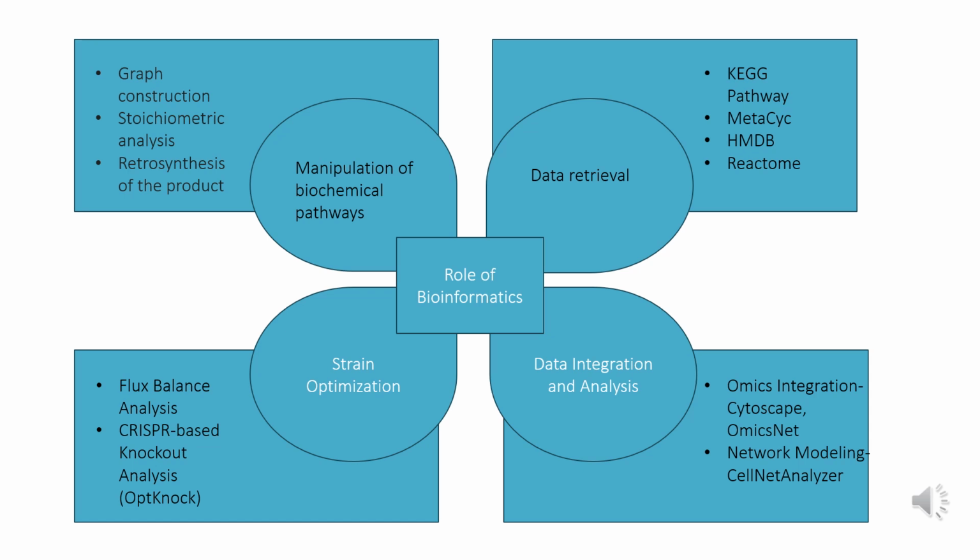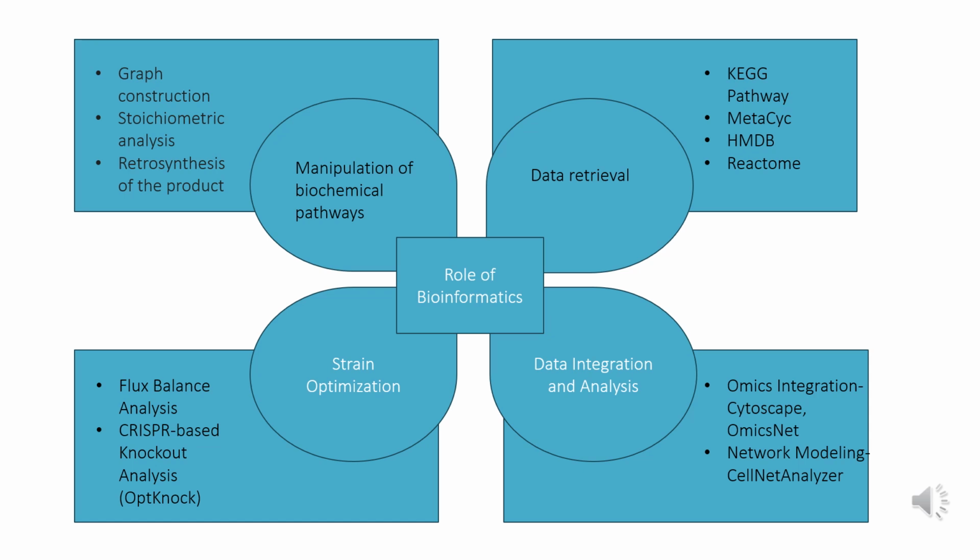Then there is retrosynthesis of the product in compliance with the rules of chemical reactions. The other role that it performs is data retrieval. The databases regarding metabolic pathways that can be retrieved are KEGG Pathway, MetaCyc, HMDB, which is abbreviated as Human Metabolome Database, Reactome, etc.